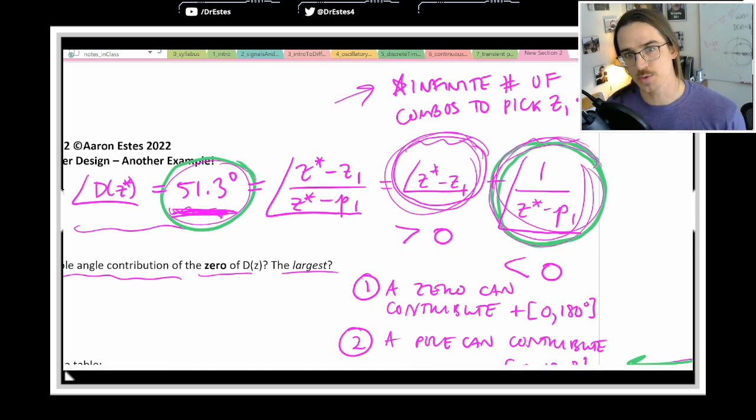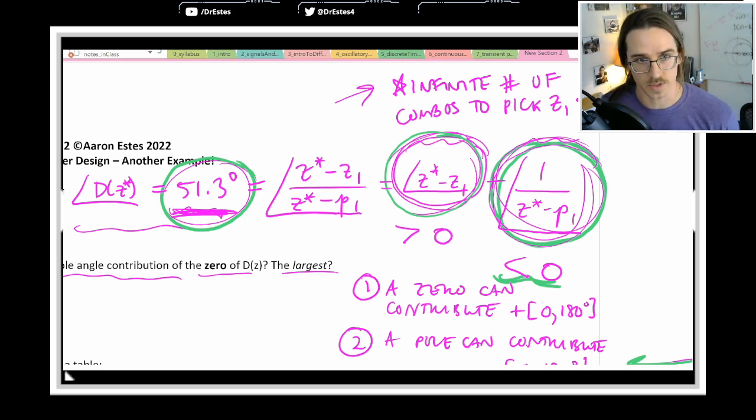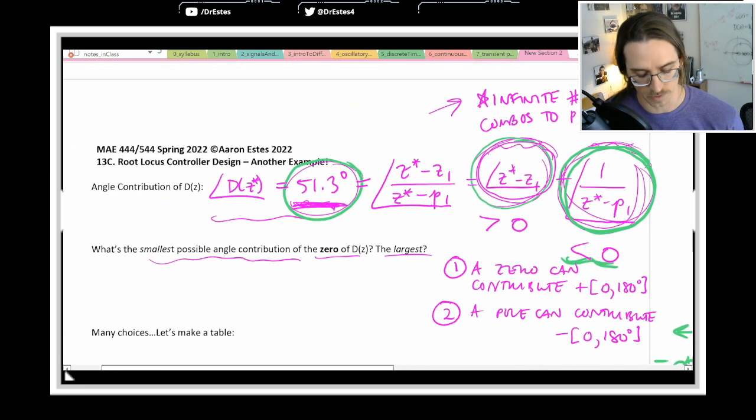It's going to give us between 0 and minus 180, so it's always going to be subtracting something. So that means the smallest angle that the 0 can contribute is 51.3 degrees, because if the pole is anywhere, it's going to subtract something. So the smallest possible angle from the 0 is 51.3 degrees.